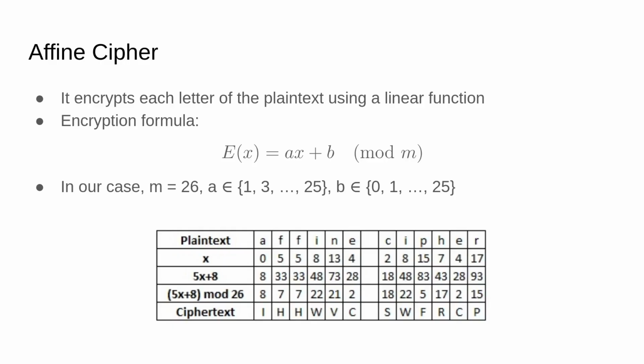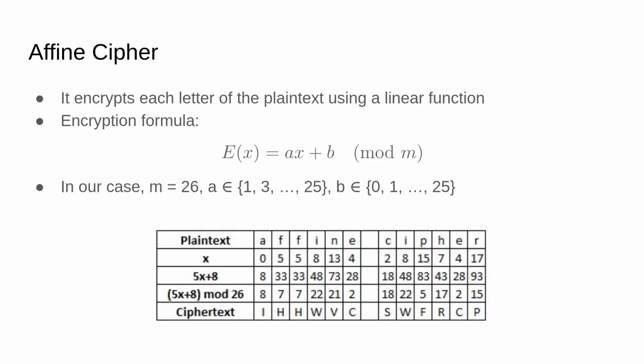Here's an example of an affine cipher. In this case, a is 5 and b is 8, and the linear function is 5x plus 8 mod 26. First, turn the alphabet into numbers from 0 to 25, where A is 0, B is 1, and so on, all the way to Z is 25.